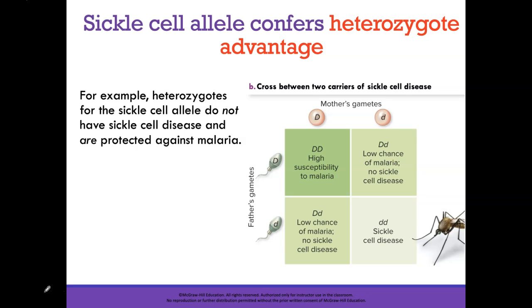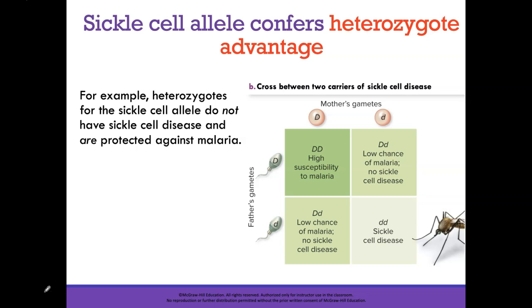There's another example of a heterozygote advantage in cystic fibrosis. We know that cystic fibrosis is another recessive disorder that results when you have two dysfunctional copies of the CFTR protein. If you only have one bad copy of the CFTR gene, that makes you resistant to cholera toxin.